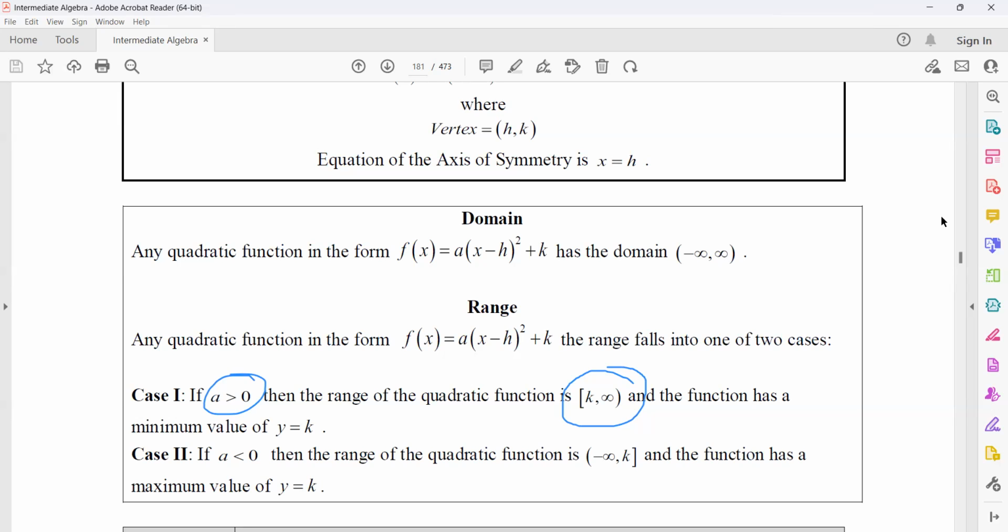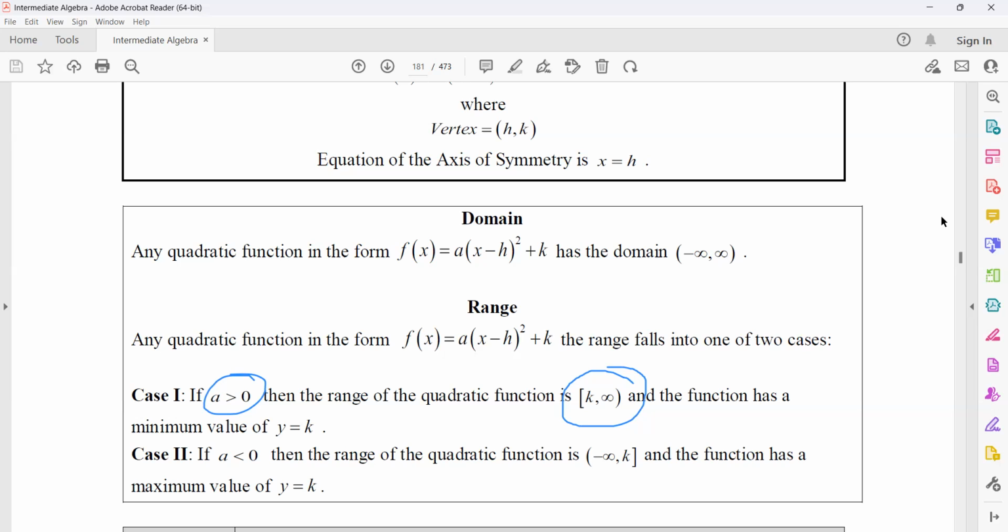So you would see that for case 1, our a is positive, which means that our k is the minimum value of y. So y equals k. k is the minimum value. And for negative, or when a is negative, k is our maximum value.